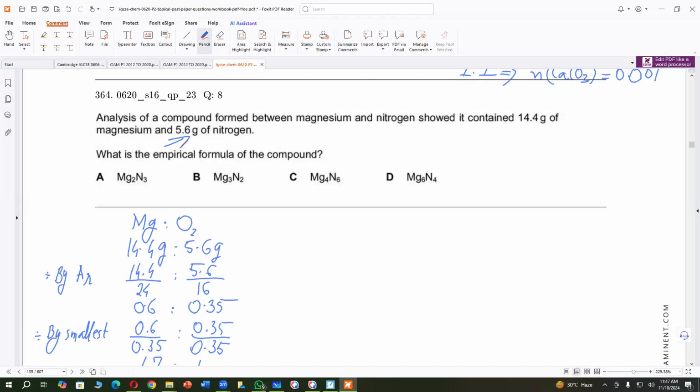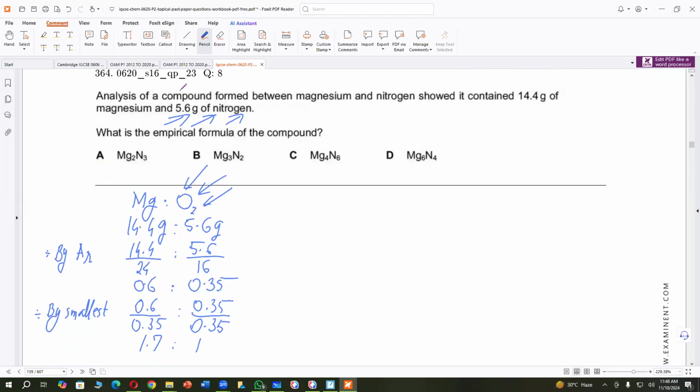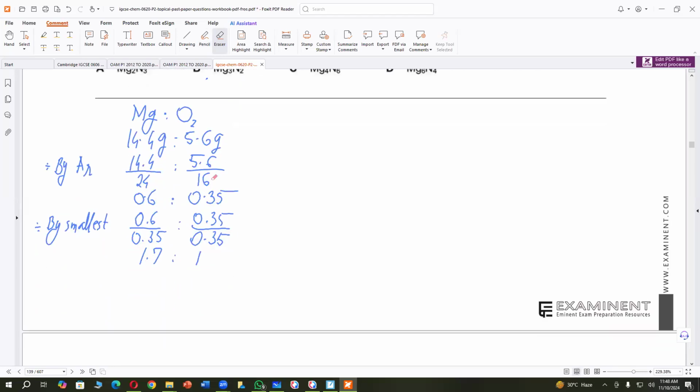Please read it. 5.6 gram of nitrogen. And what element have I taken down? Oh, you wrote oxygen. Yes, this is a mistake, so please identify the mistake and quickly repair it. We have to repeat our calculation.